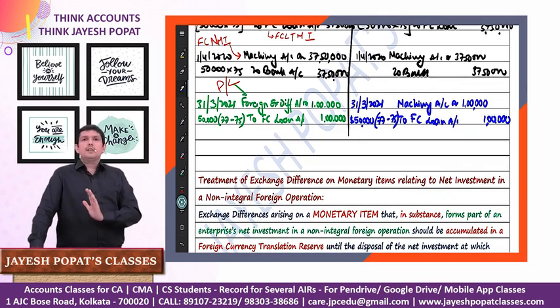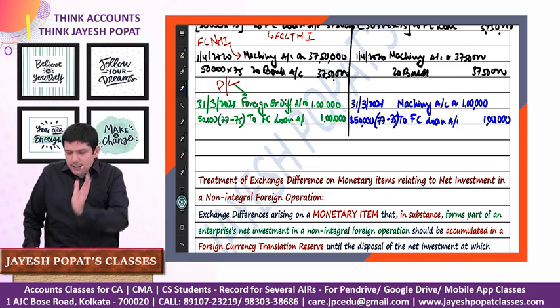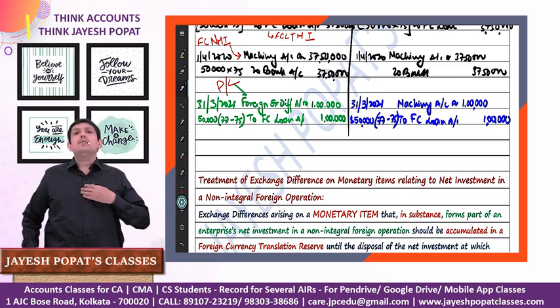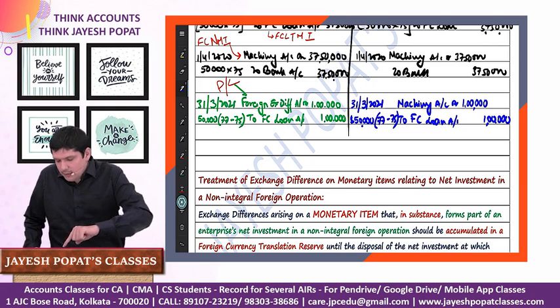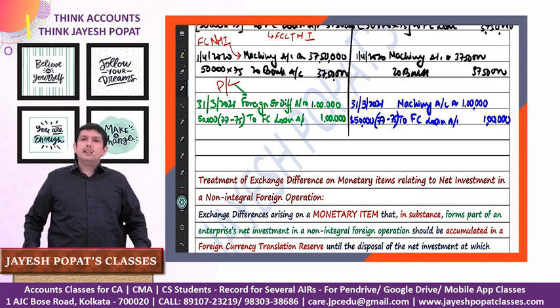So if the option is availed, it will not go to the PL and it will go to the value of the asset. And had this loan been a general purpose loan, not for a depreciable asset, right, we will make an entry FCMITDA account debit to foreign currency loan account.